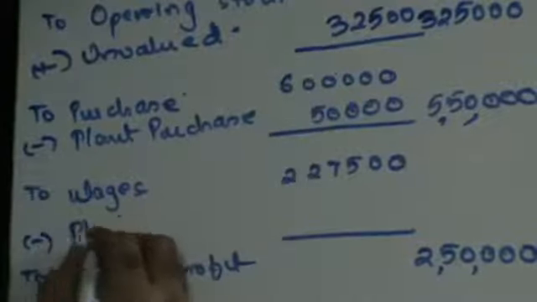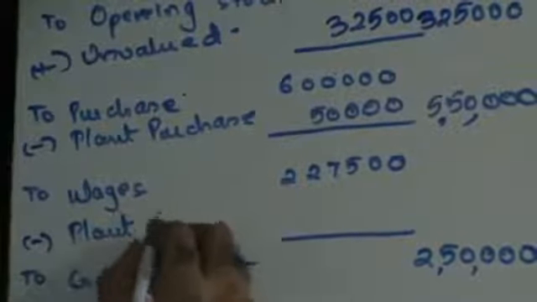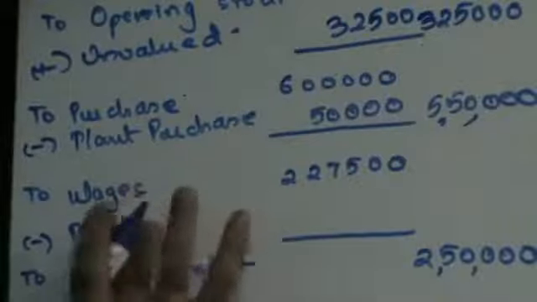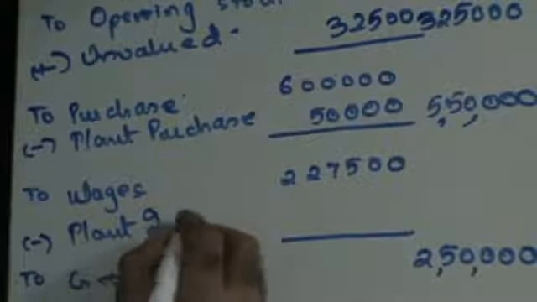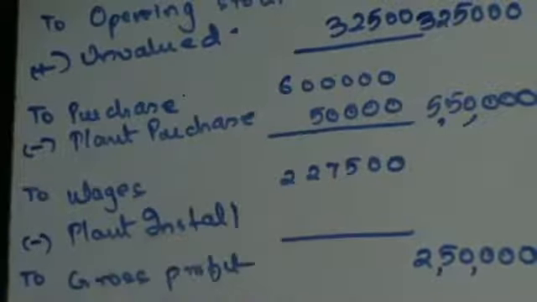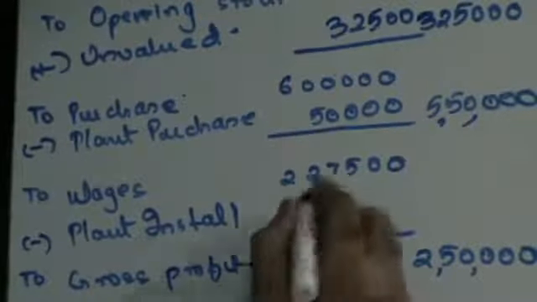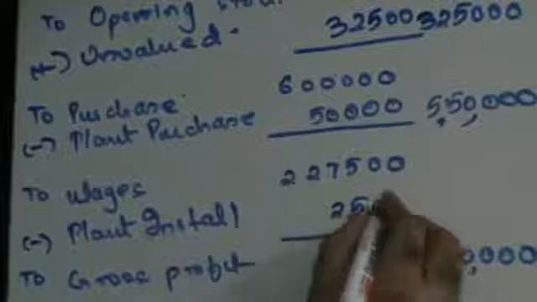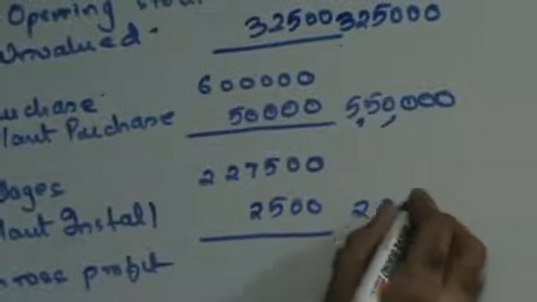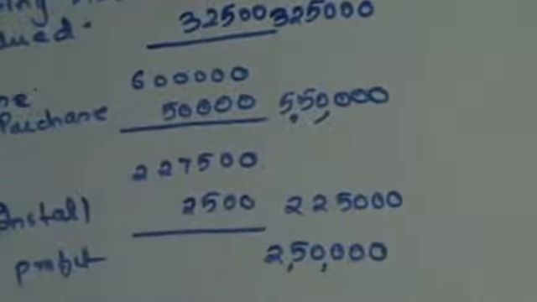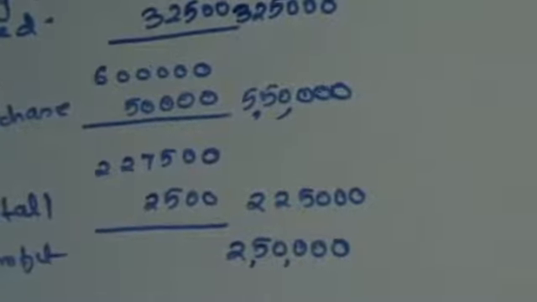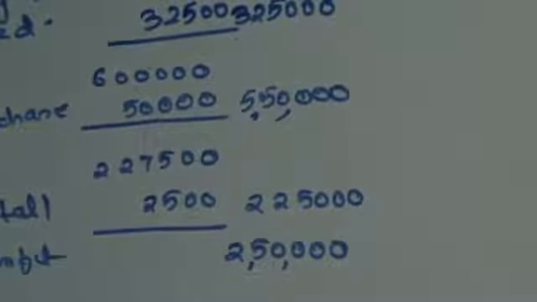So plant installation wages. How much is the plant installation wages? 2,500. So this will become 2,25,000. Right? Okay. So I have finished making all the entries. Let's tally, guys.